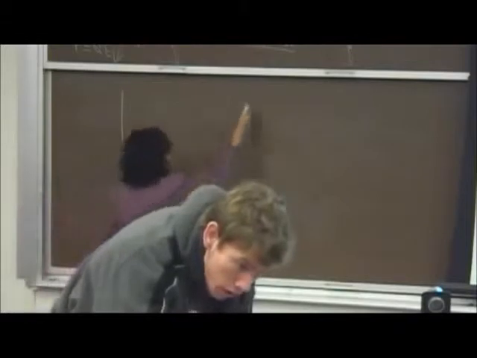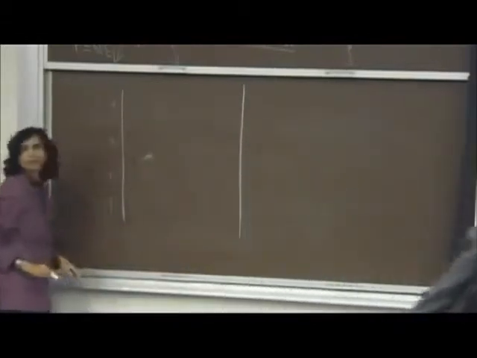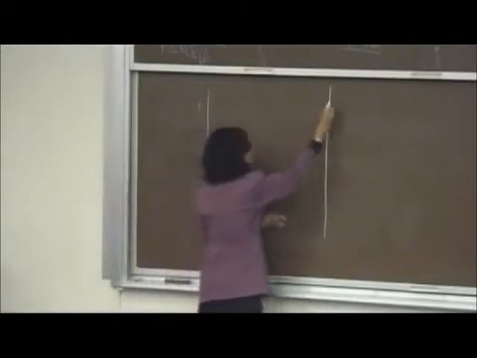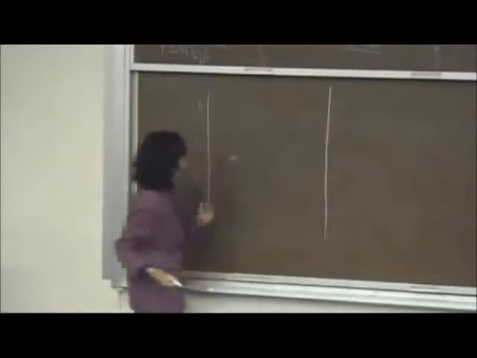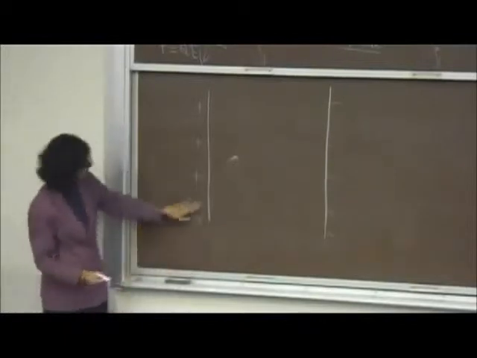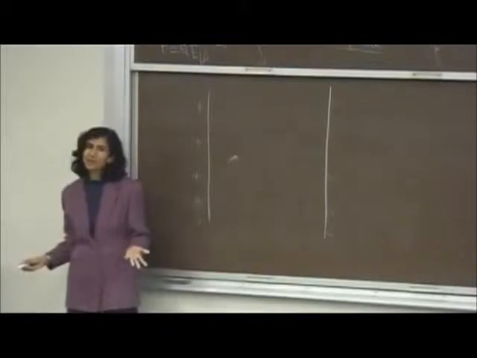If you have a positive charge on one infinite sheet of charge, and another sheet of charge has negative charge, remember we said that this configuration is called a parallel plate capacitor? Do you remember that?